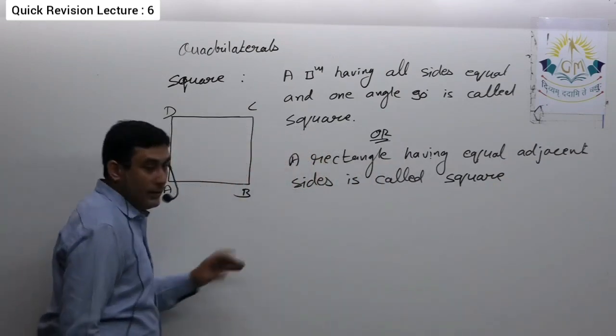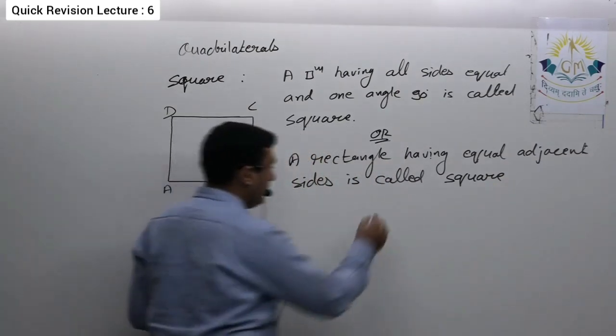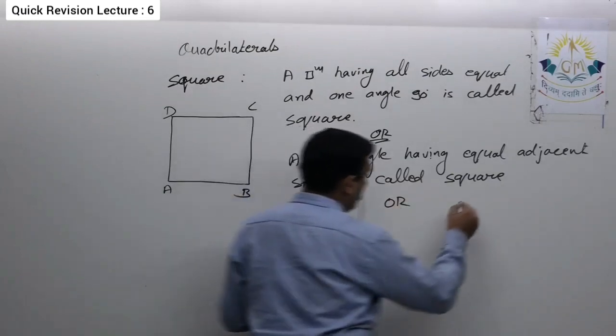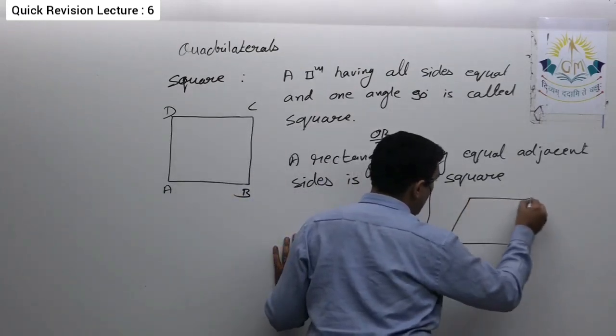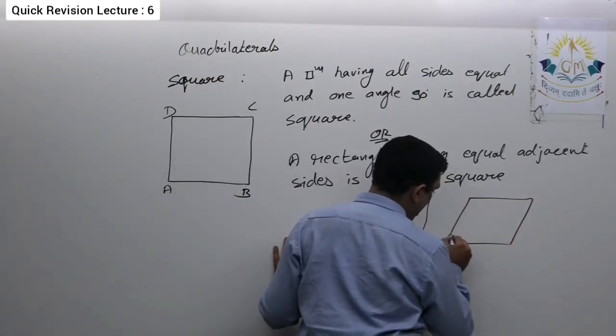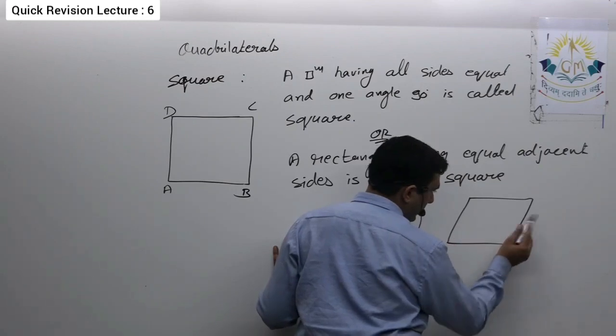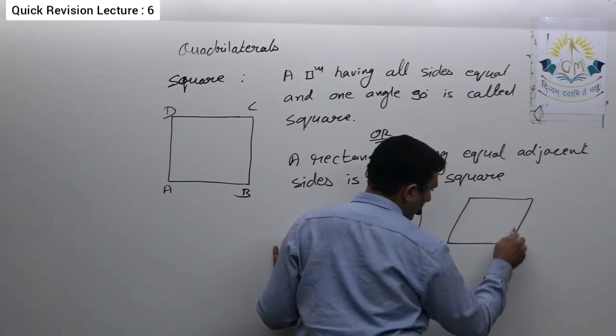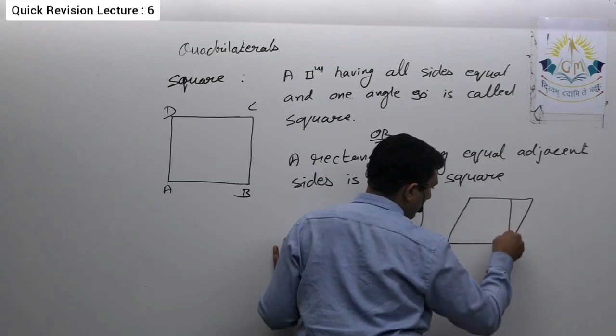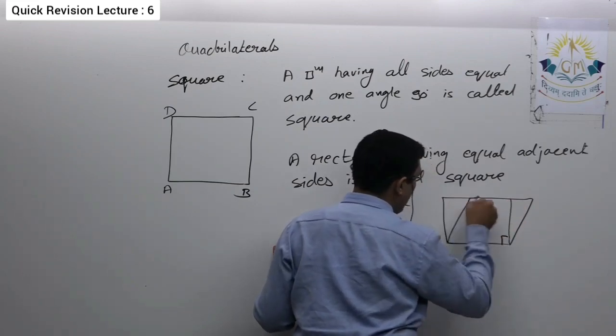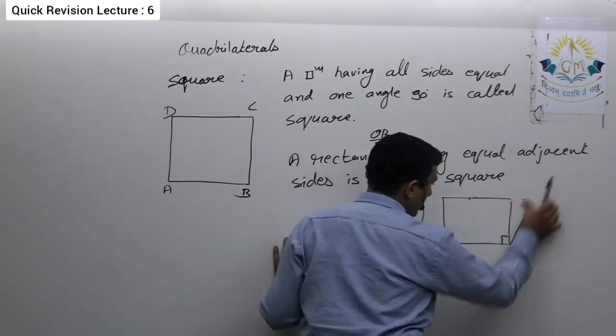Okay, now there is one more way to define the square. See, this is a rhombus. If I want to make one of its angles 90 degrees, then I have to move this side in such a way, so I will get something like this, which gives me a square.